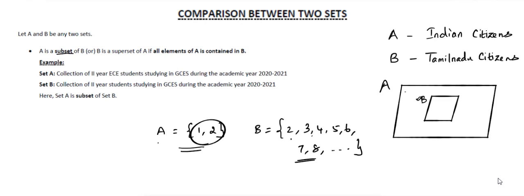Clearly understand the definition. The subset definition is that all the elements must be there in the bigger one. That is very, very important.